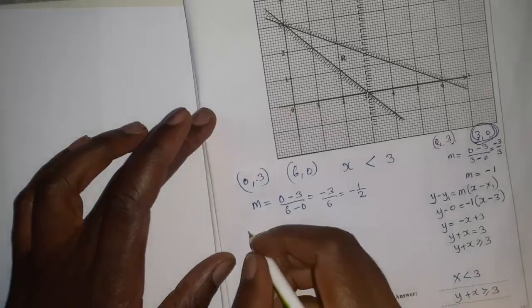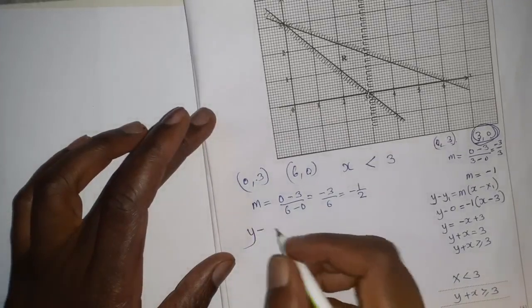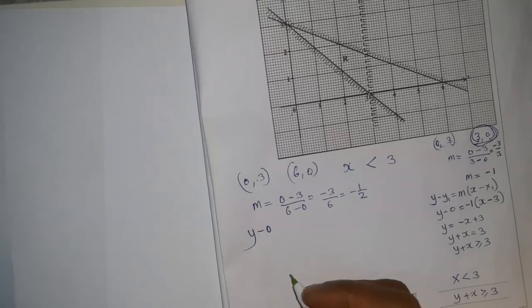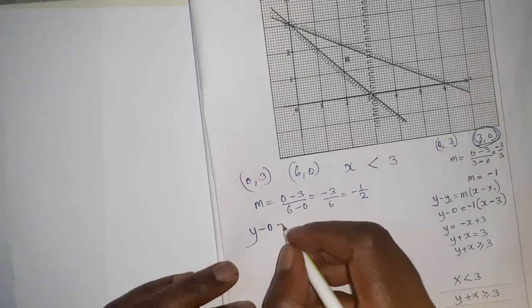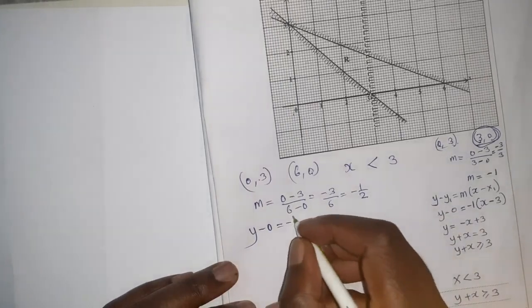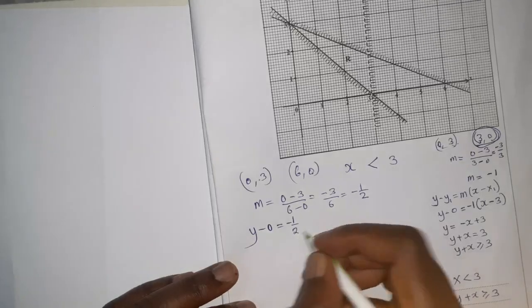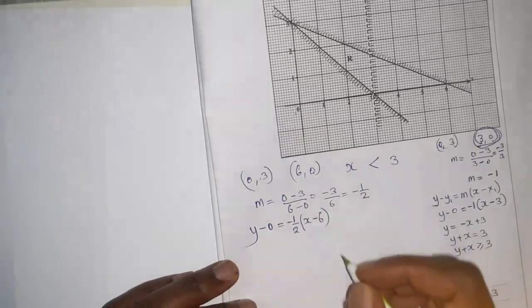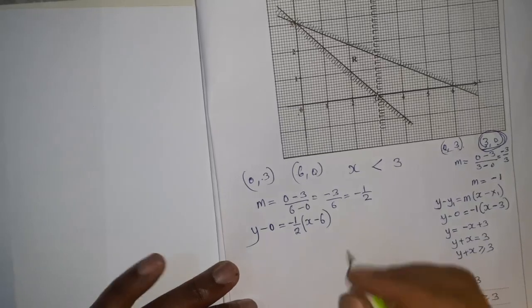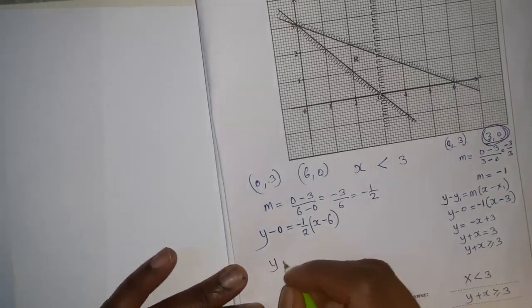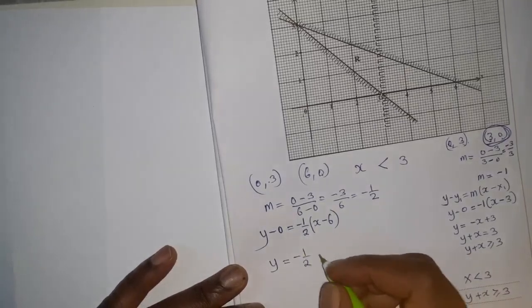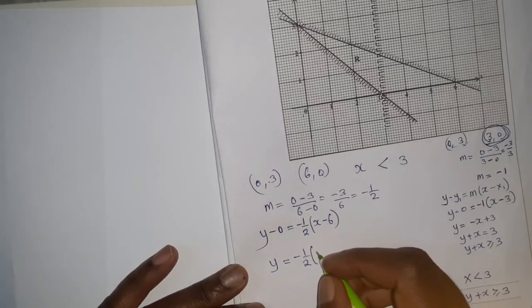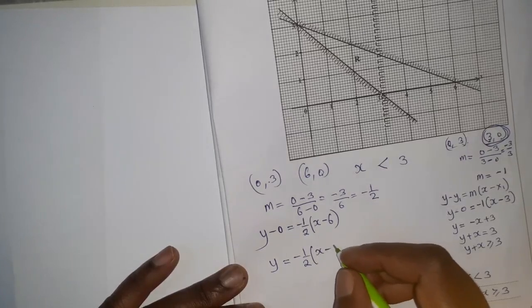Then we come to the equation, y minus y1. I choose 0 for y1, then equals the gradient, negative 1 over 2, open brackets, x minus 6. So y is equal to negative 1 over 2 (x minus 6).